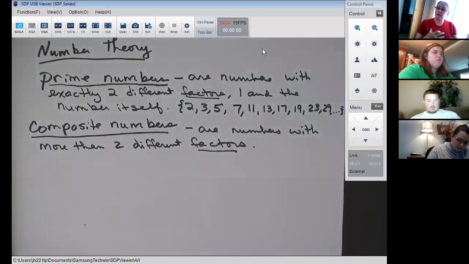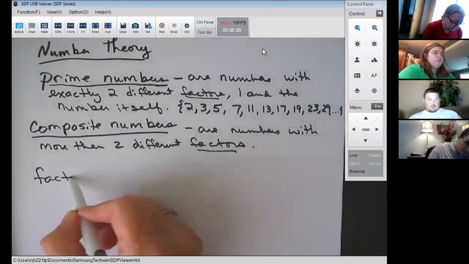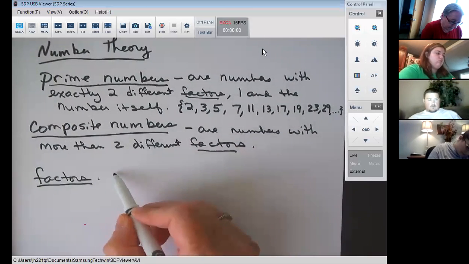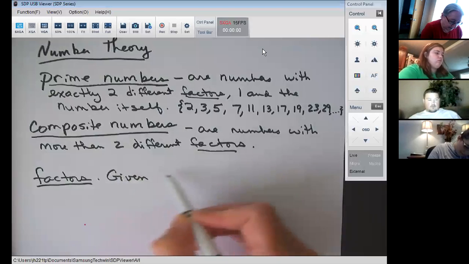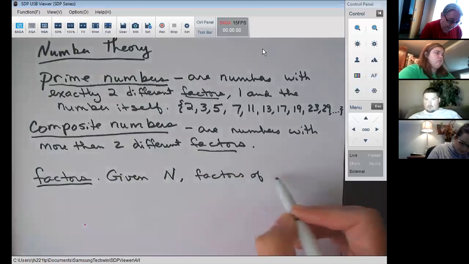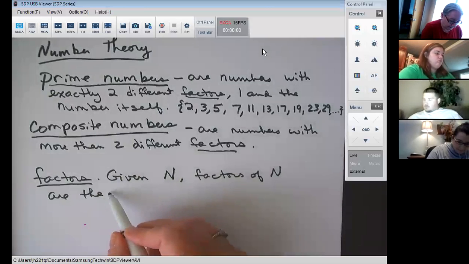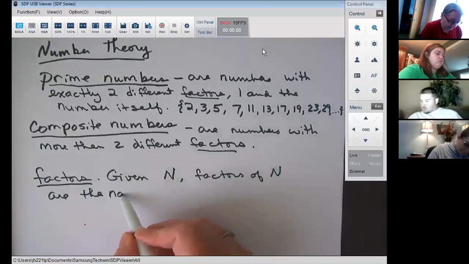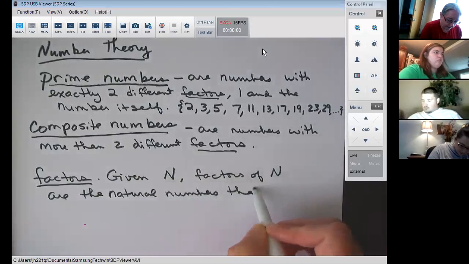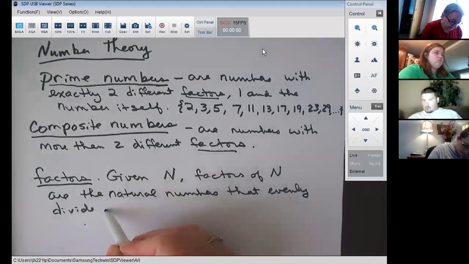But in a general sense, when we're looking at it just as a term itself, factors mean, we'll say given n, factors of n are the natural numbers that evenly divide n.